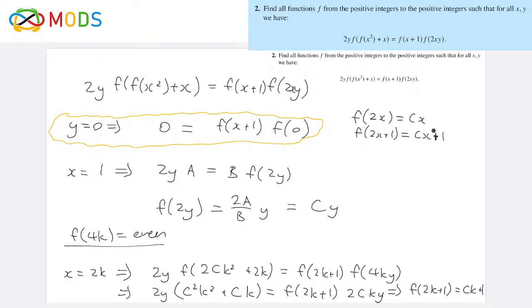Yeah. And f of 2x plus 2 is cx plus c. That's why you can't condense it into a single one. I mean, if c equals 2, then it's very nice, right? Yeah. That's the hope, right?